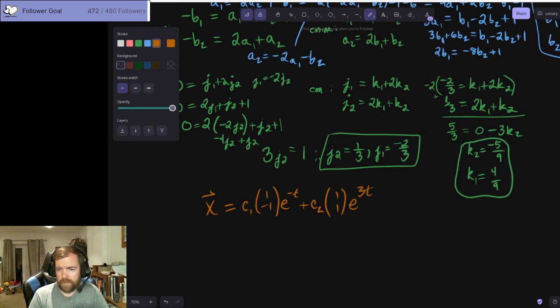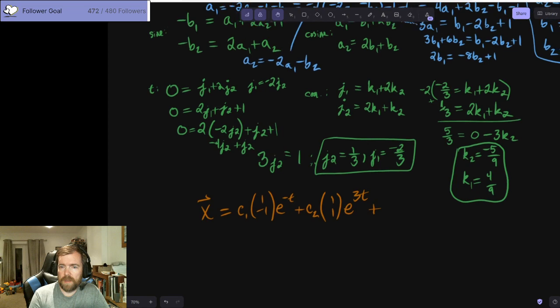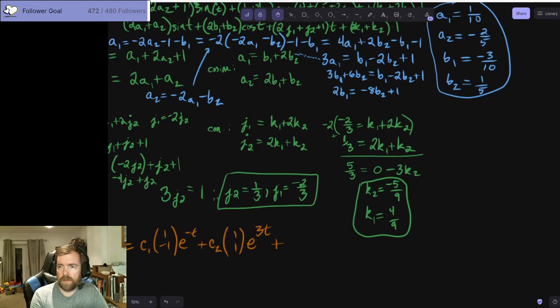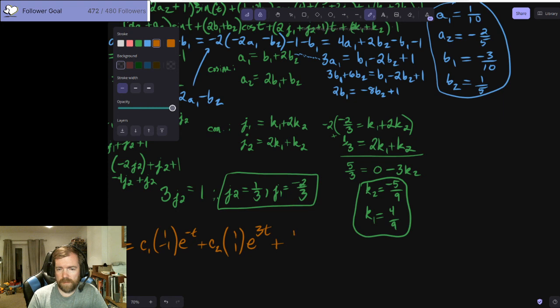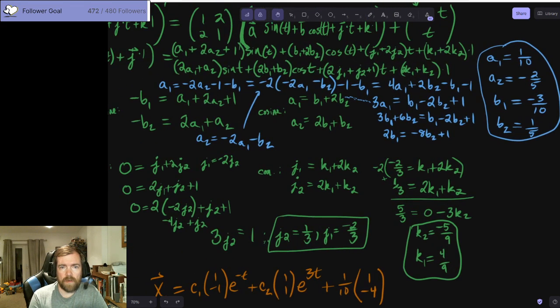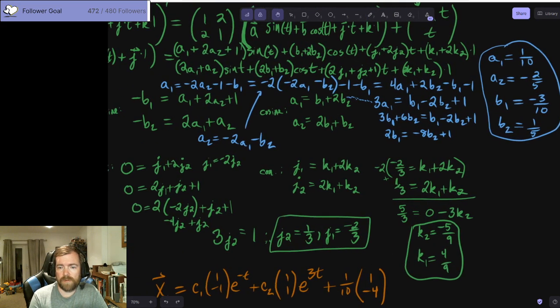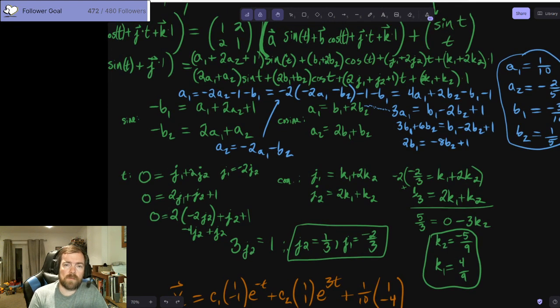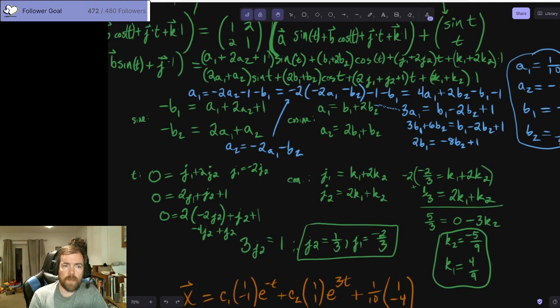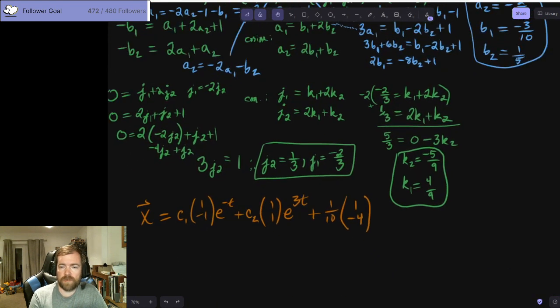Did the 3t. Okay. Plus A is going to be 1/10 times the quantity 1 - 4. And this is not E. A was... Yeah, actually it is, right. A is a sine function.